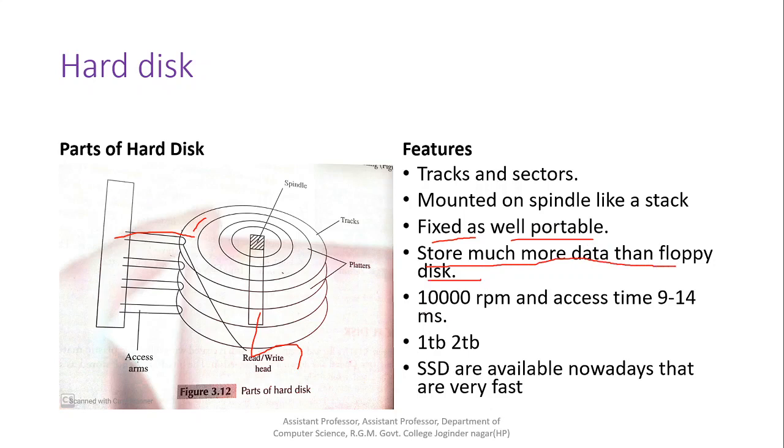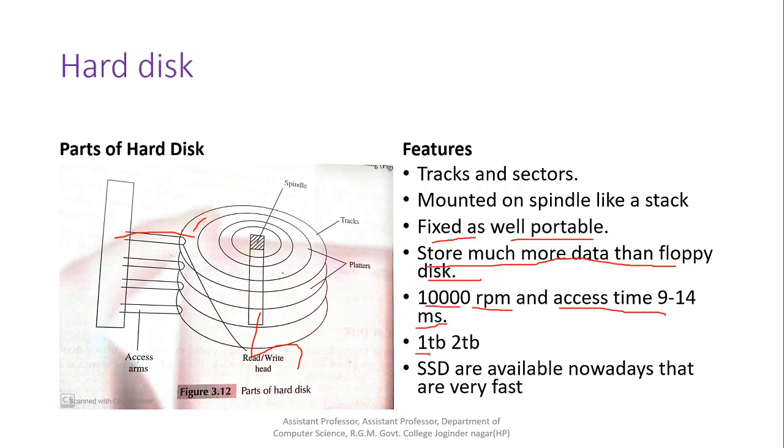The rotating speed of each disk is around 10,000 rpm, that is, rotations per minute. Each disk rotates 10,000 times, and the faster the rotating speed, the faster the processing and access speed of that disk. The access time is around 9 to 14 milliseconds.